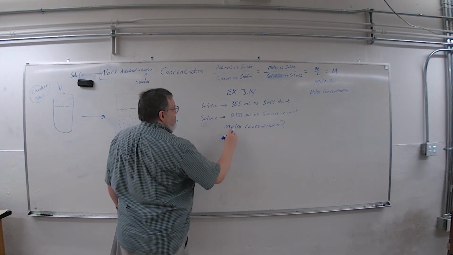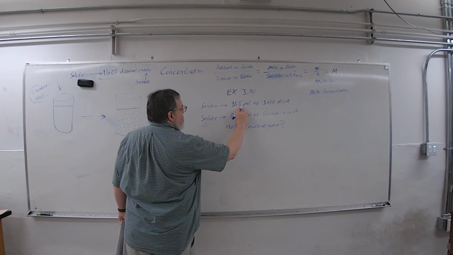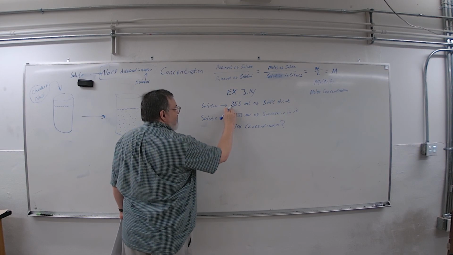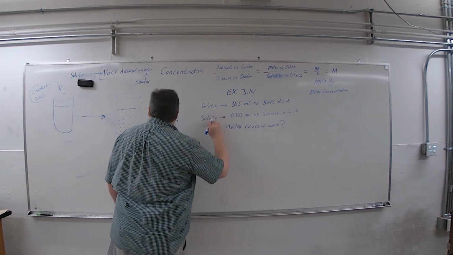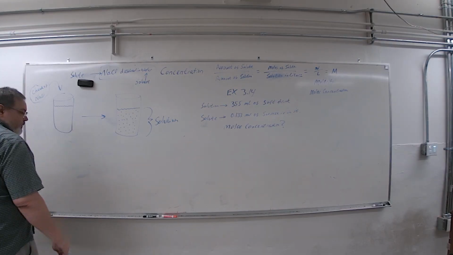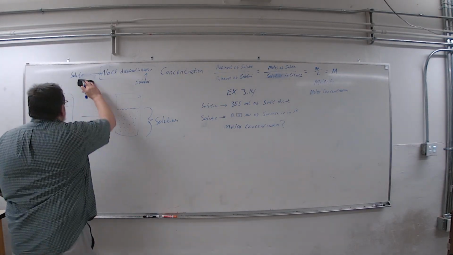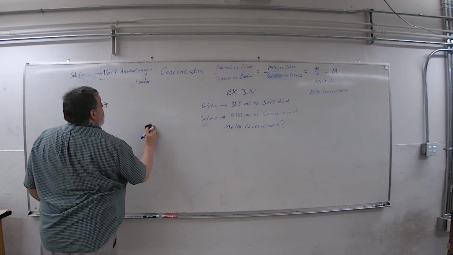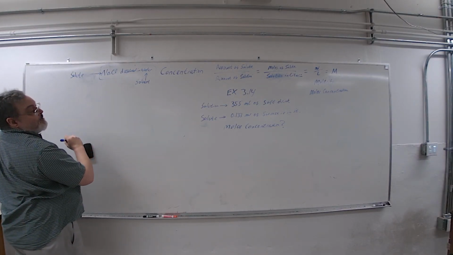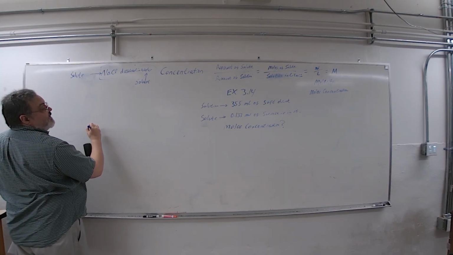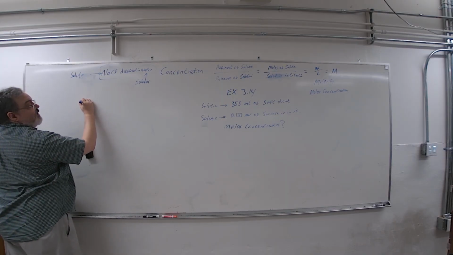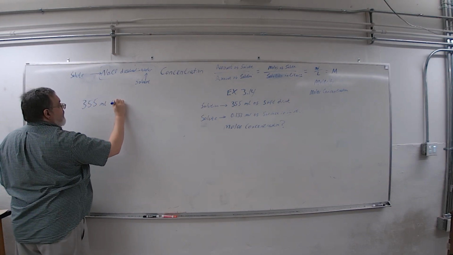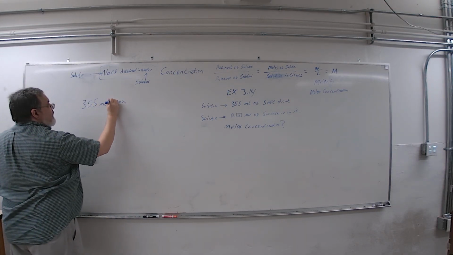The quick way to do it is to go, I've got 355 milliliters, move the decimal point, 1, 2, 3. This is 0.355 liters. I can do it a little more formally, but realize the quick way to do this, if it's in milliliters, is just to move the decimal point. But the formal way to go is, cut those moles, so I'm going to go solution.